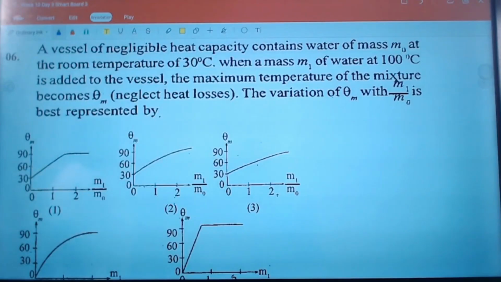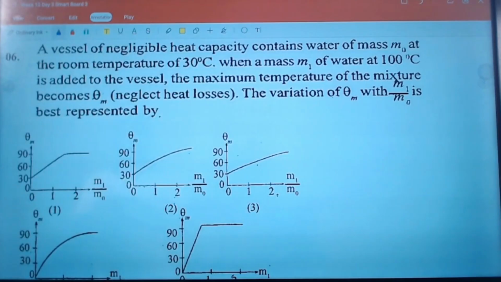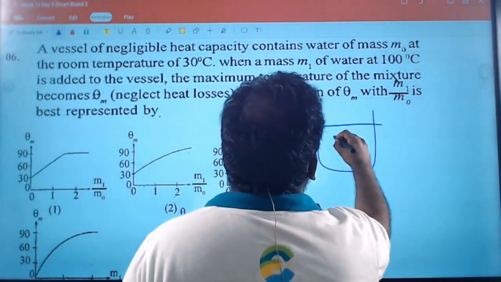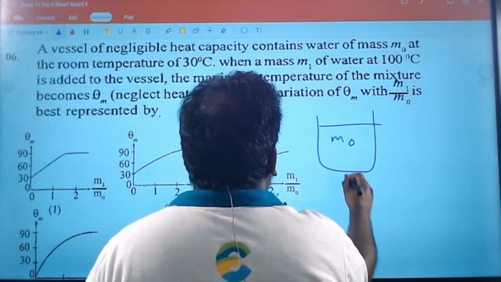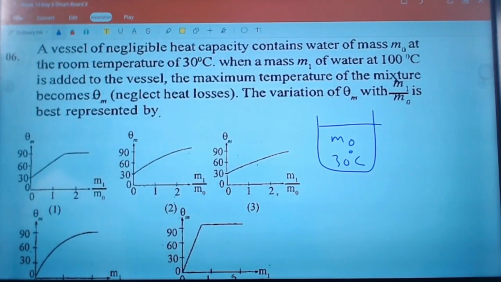A vessel of negligible heat capacity contains water of mass M0 at room temperature, 30 degrees Celsius.